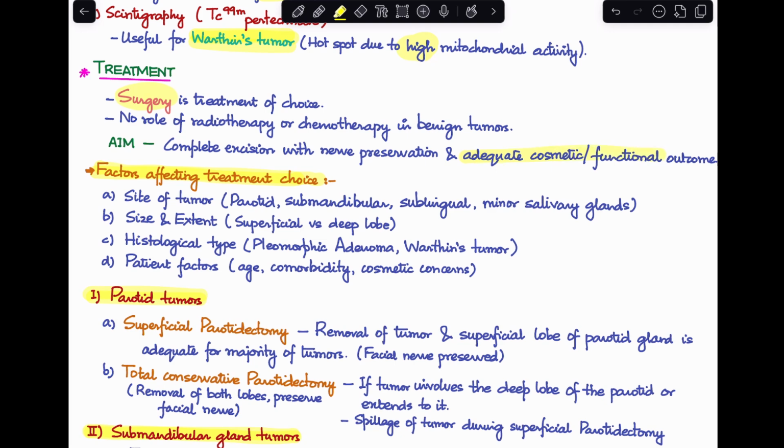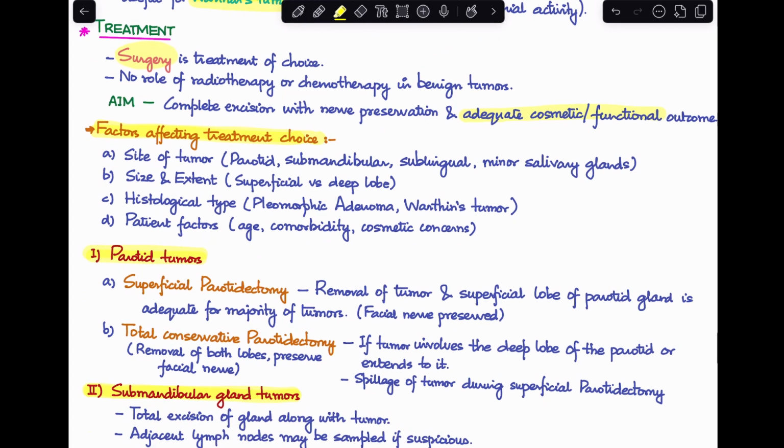So there are certain factors which affect the treatment choice that you make. What are these factors? There are 4 such factors. First of all is the site of tumor, meaning which salivary gland it has involved. Is it involving the parotid or the submandibular, the sublingual or the minor salivary gland? In each of these cases, the surgery would be very different from each other. Second is the size and extent of the tumor.